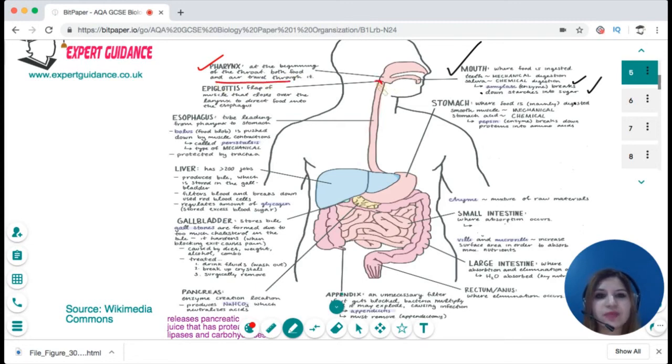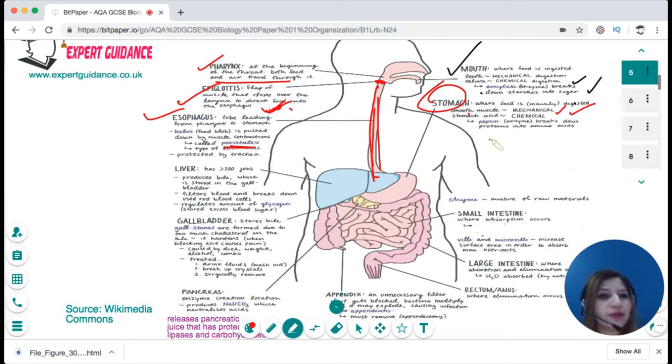Then there's a small flap called the epiglottis. The epiglottis is a flap of muscle that closes the windpipe so that the food does not get into the windpipe, and it directs the food into the esophagus. The esophagus is the tube that leads the food into the stomach, and it has peristalsis movement that pushes the food down. Then the food comes into the stomach, where the mechanical digestion and the chemical digestion start.